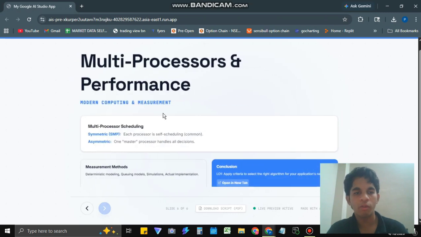Moving on to the next topic, and this is the final topic of my presentation, which is multiprocessing and performance of the computer. To wrap things up, we can say that we don't just have one CPU, but instead we have a multiprocessor system, right? Most of our laptops use what we call symmetric multiprocessing, SMP.